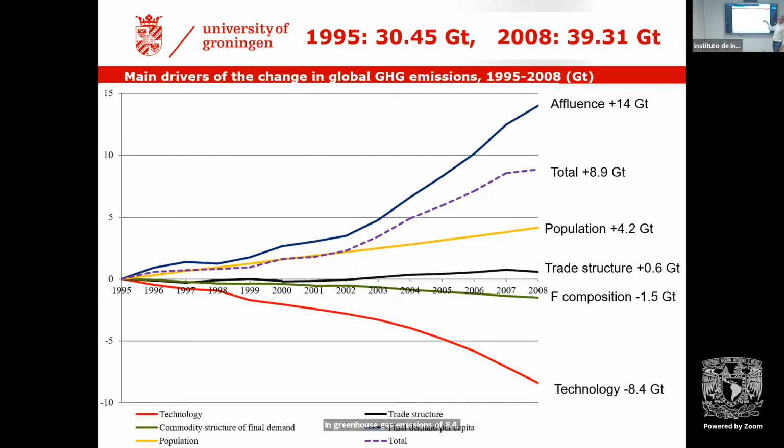Population, the fact that there are more people on the earth than before, and everybody has to eat to stay alive, increased greenhouse gas emissions by 4. So observe that together, eating more per person and more persons, that would have led to an increase of 18 over 30, which is 60%.